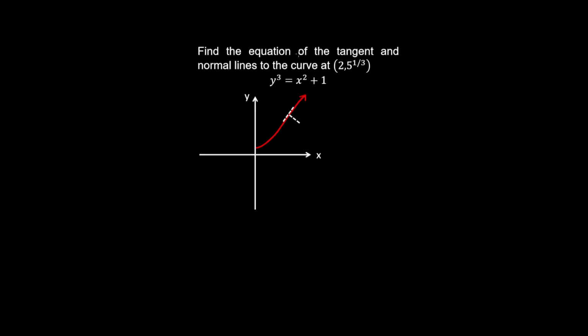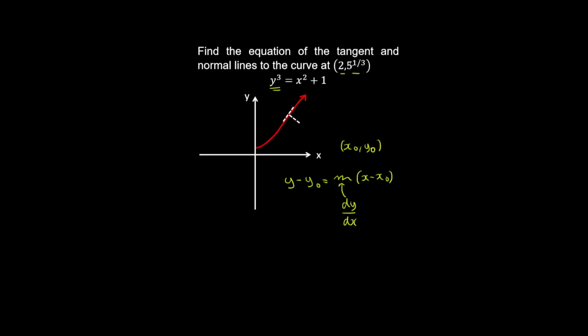Let's find the equation of the tangent and normal lines to the curve at x equals 2 and y equals 5 to the third. The general equation of a line is y minus y₀ equals the slope times (x minus x₀), where (x₀, y₀) is a point on the line. So if you differentiate this expression implicitly and substitute for x and y, you get the slope of the tangent line.